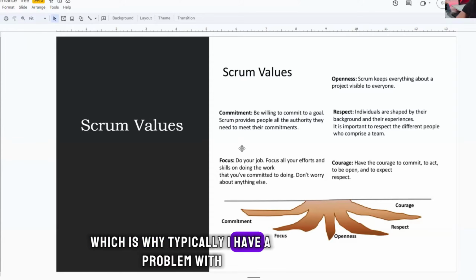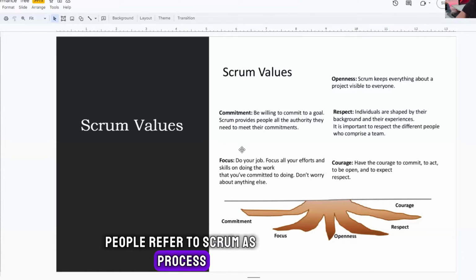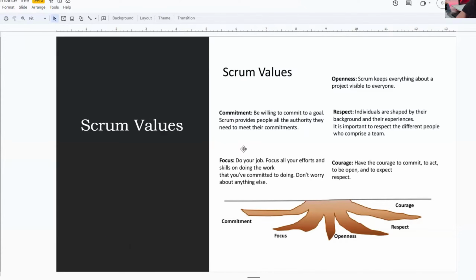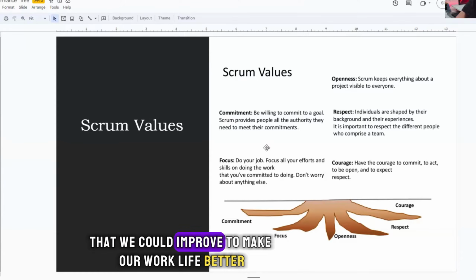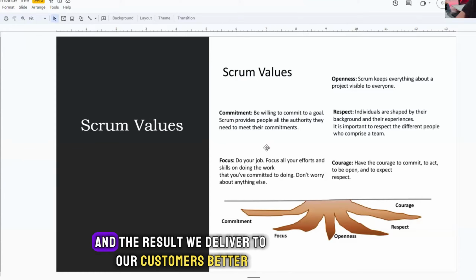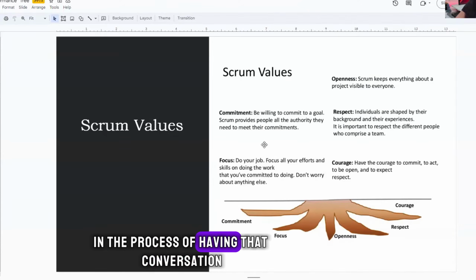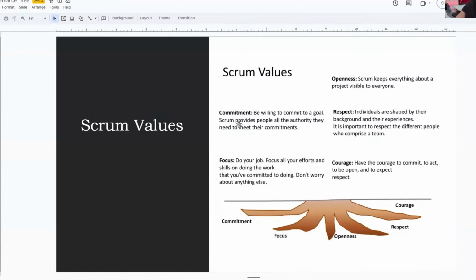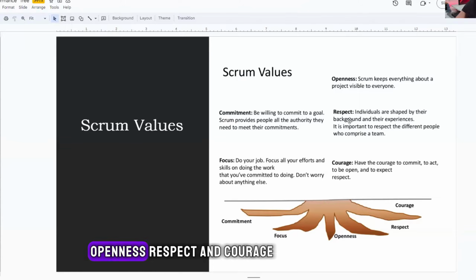And which is why I typically have a problem when people refer to Scrum as process, because it's not a process, it's a framework. They were actually discussing what are some of the values that we could improve to make our work life better and the result we deliver to our customers better. In the process of having that conversation, they established the Scrum values of focus, commitment, openness, respect, and courage.